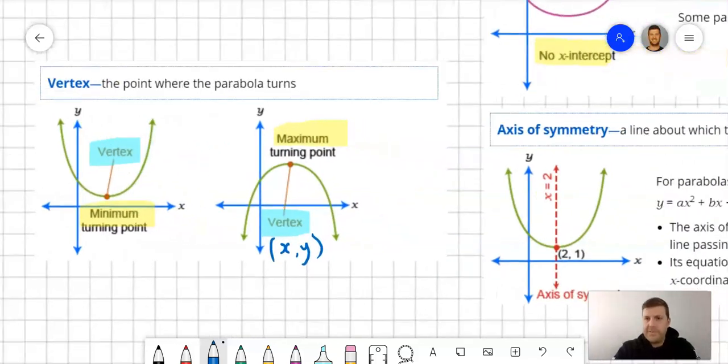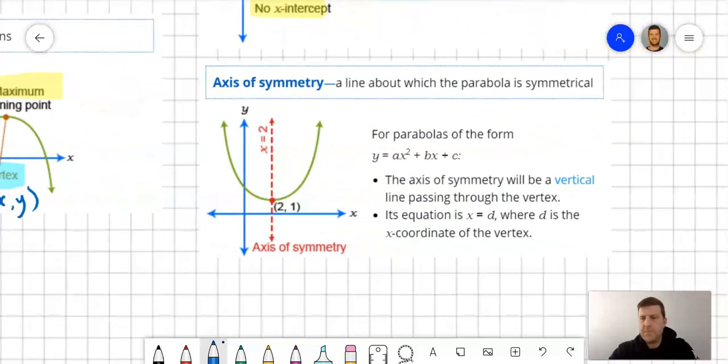And the final thing, the sixth thing you'll probably be asked to identify, is the axis of symmetry. So a line about which the parabola is symmetrical. All parabolas are symmetrical. Okay, so if you cut them in half, there'd be the same amount on the right-hand side as there is on the left-hand side. Or you could fold it in, and it'd lie over the top of itself.